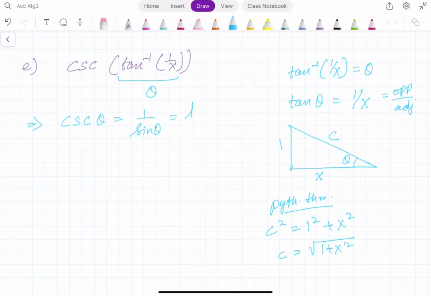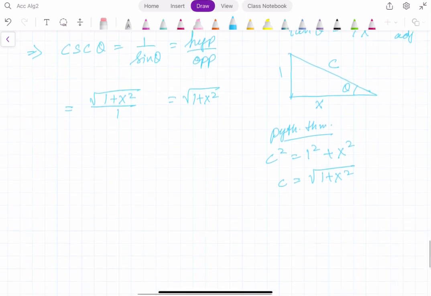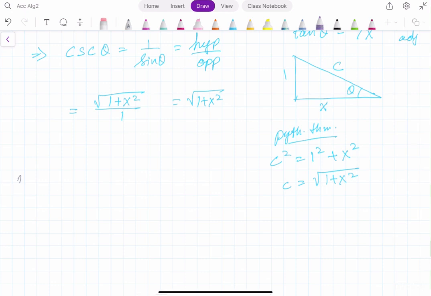In this case, I'm talking about cosecant theta. We are not talking about cosecant inverse theta. When we talked about cosecant inverse, we changed the angle to sine inverse, right? So two things are different. So the answer is just radical of 1 plus x squared, because SOHCAHTOA is flipped.